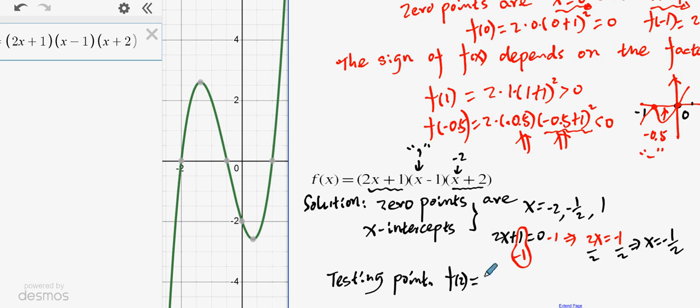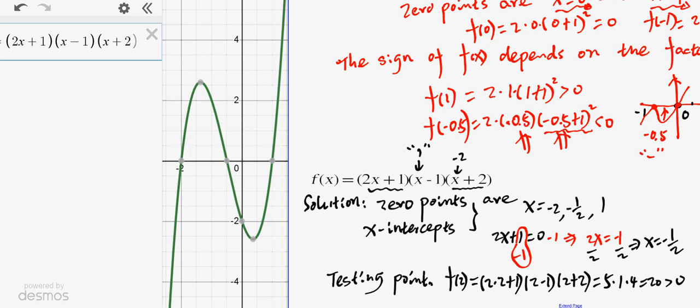Well, let's do 2. 2 times 2 plus 1, 2 minus 1 is positive 1, and then 2 plus 2. Okay. So what do we get? You get 5 times 1 times 4. You have a 20. That's for sure positive, right? So when x is 2, you have 20.